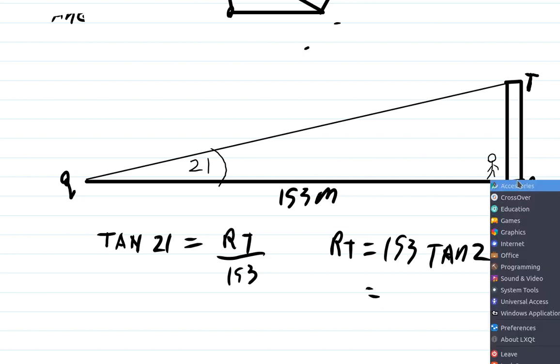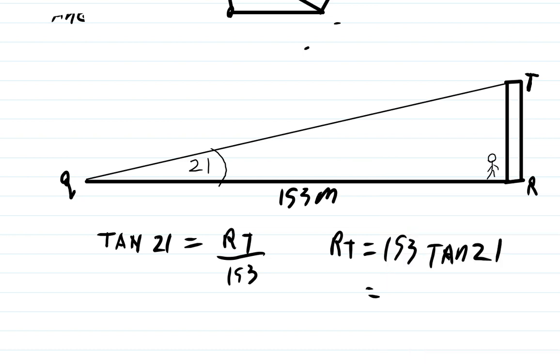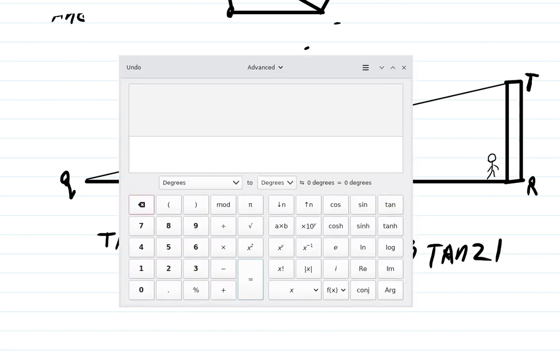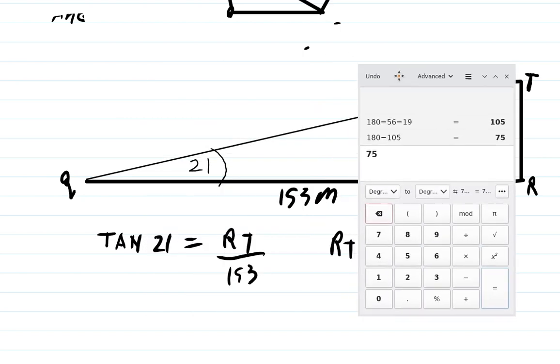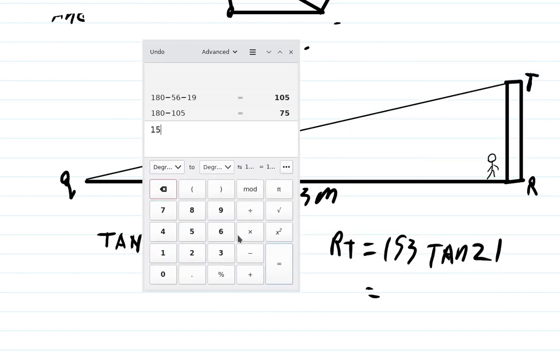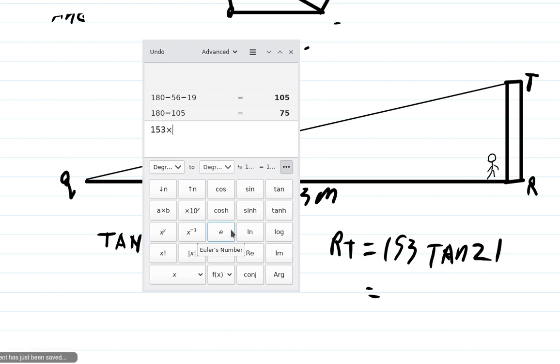Where's the calculator? Let me find my calculator here. Alright. So it is 153 times, ensure your calculator is in degree mode, right? Not gradient, which is GRA on the calculator, and not radian, which is RAD on the calculator.